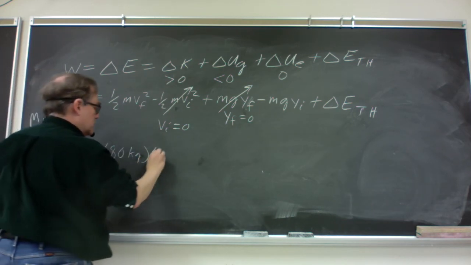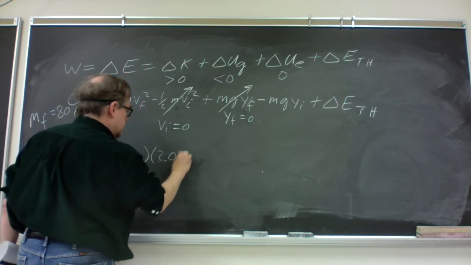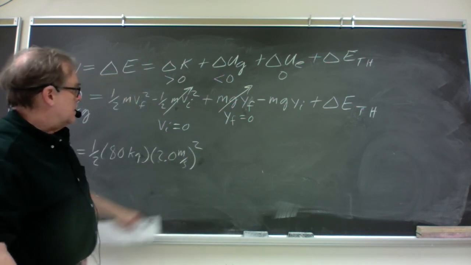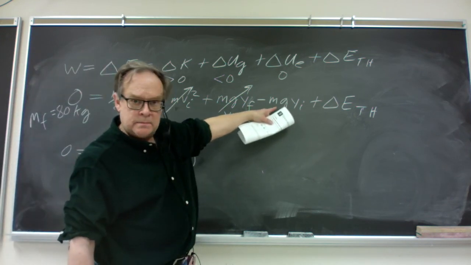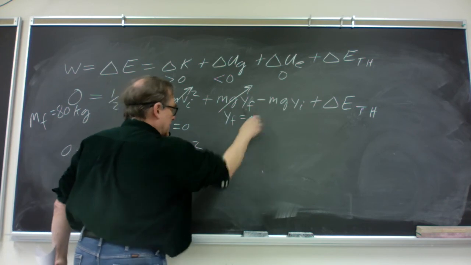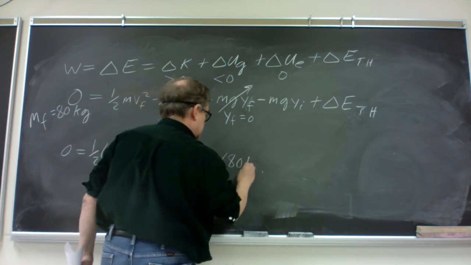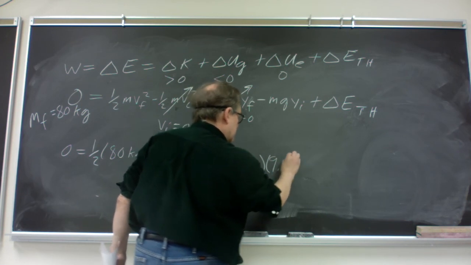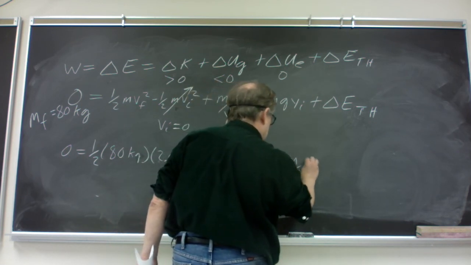Final velocity was 2.0 meters per second, and that's squared. Then this, the initial gravitational potential energy, which is mass times g, 9.8 meters per second squared.